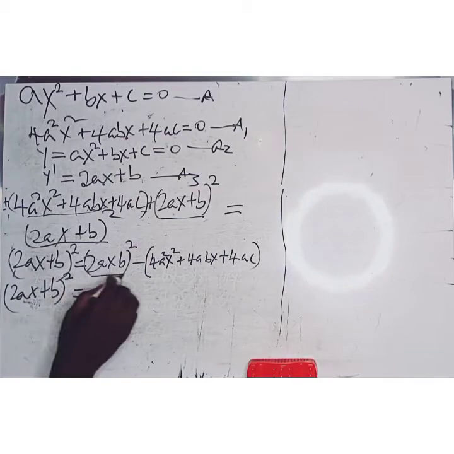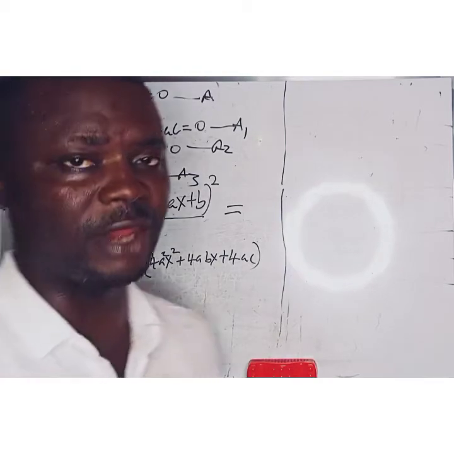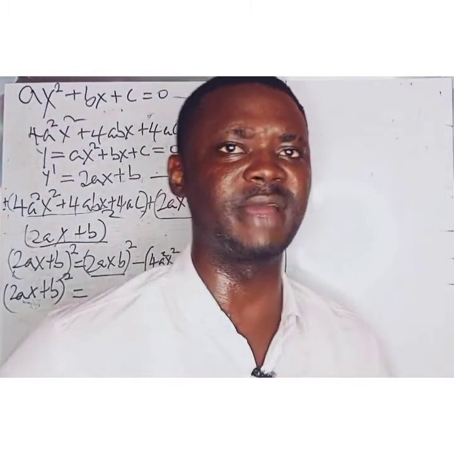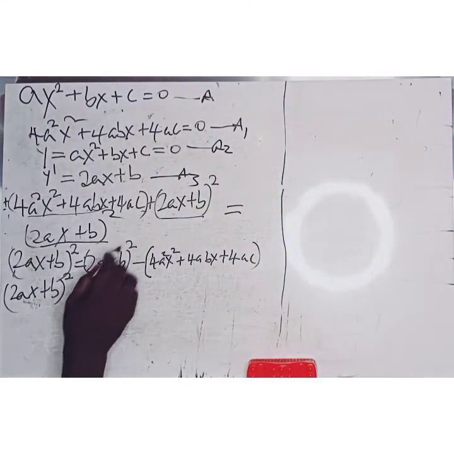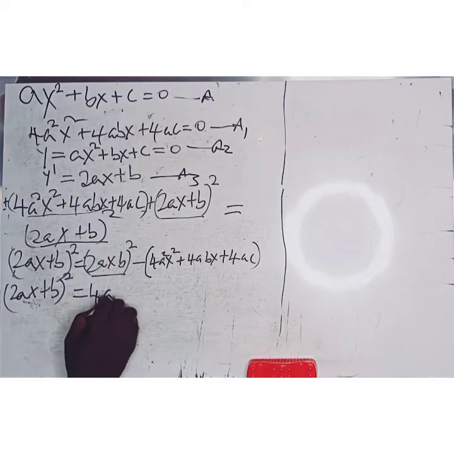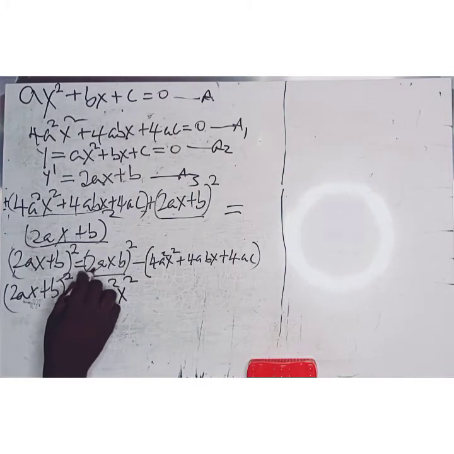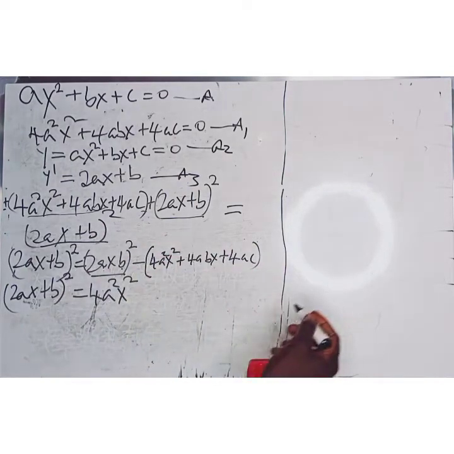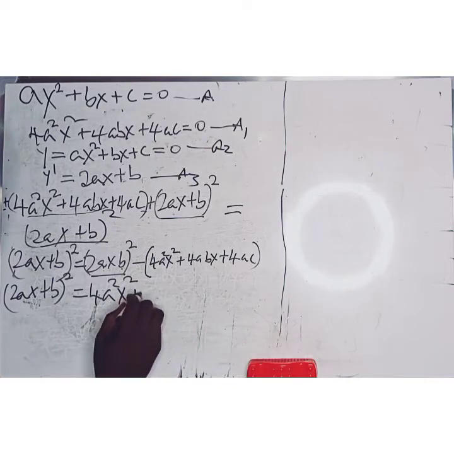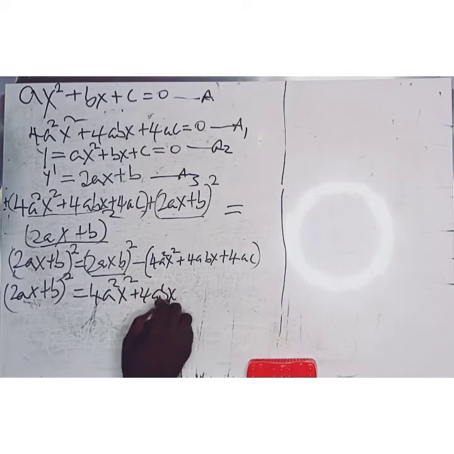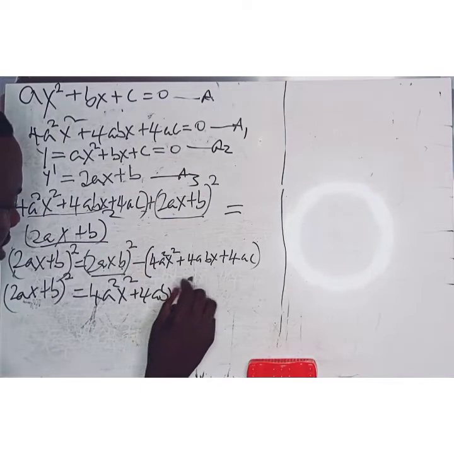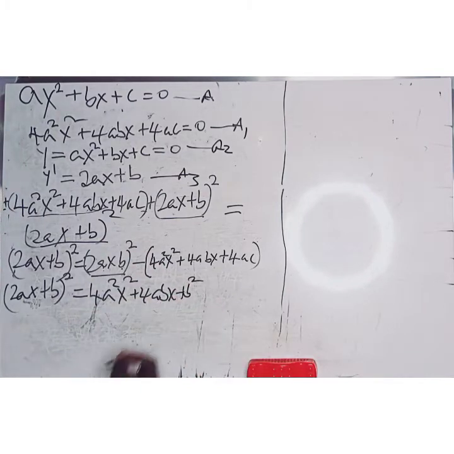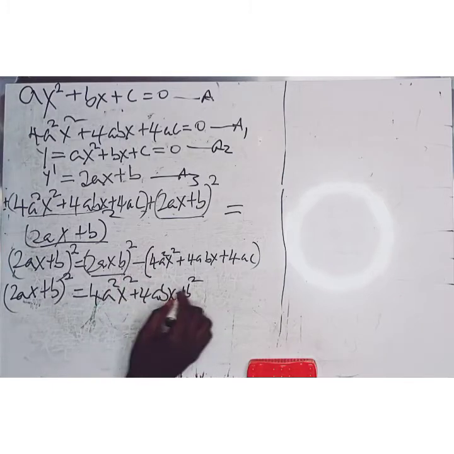By the binomial formula, in binomial series, which I will also treat in my subsequent videos, if you expand this, 2a all squared should give me 4a squared x squared. 2a times b times a constant 2 should give me plus 4abx. Again, b times b is b squared. Then you now use this minus to open this bracket here.